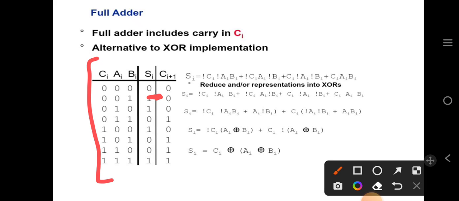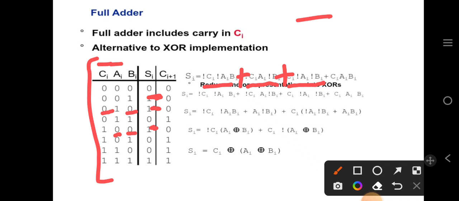This one is where Ci bar, Ai bar and Bi. So you can write Ci bar, Ai bar, Bi plus, the second one is here: Ci bar, Ai and Bi bar, plus the next one is here: Ci, Ai bar, Bi bar.